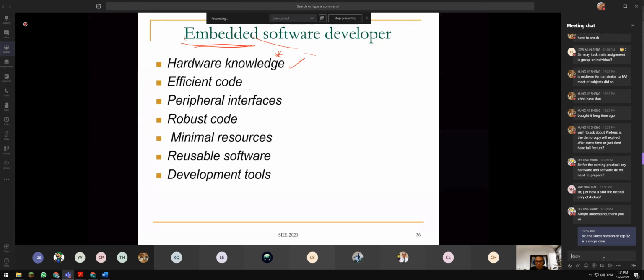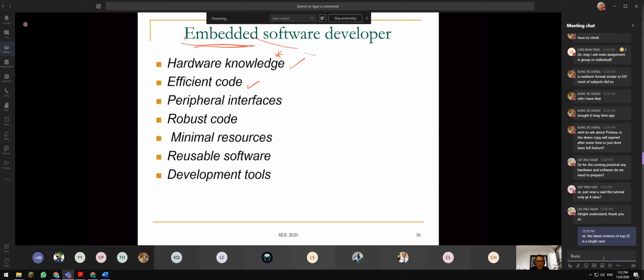Okay, and when you write the code, it has to be efficient. Let's say 10 of you each write a different style of code. It is impossible that what you submit in your final assessment is the same.